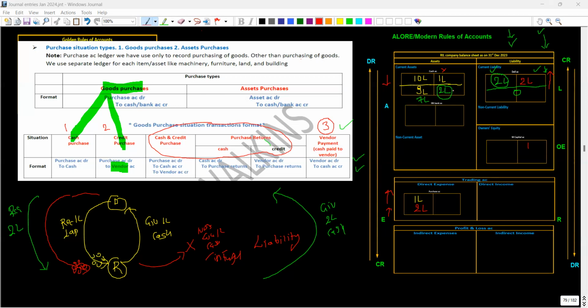Again, in case of software, you have to create that laptop asset account, as per the accounting groups. As per the company's maintained accounting group, we have to assign that laptop account to the respective accounting group. In case of Tally, we have to assign that laptop account to the fixed assets accounting group.